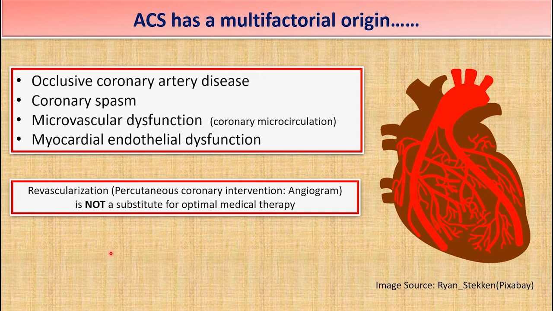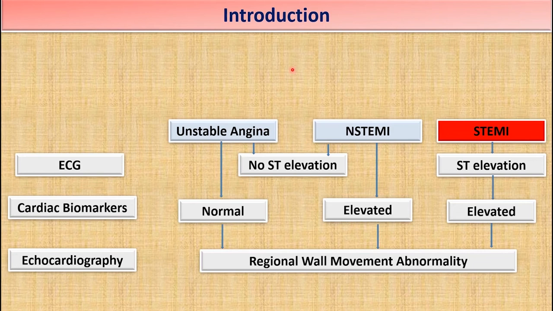All in all, I hope you now understand that ACS management really needs a multi-pronged approach, and revascularization alone is never a substitute for optimal medical therapy. Under this ACS umbrella term, we have 3 conditions: unstable angina, non-STEMI, as well as STEMI. Let's look at the differentiation between unstable angina and non-STEMI first. These 2 conditions shouldn't have ST elevation in the ECG changes.